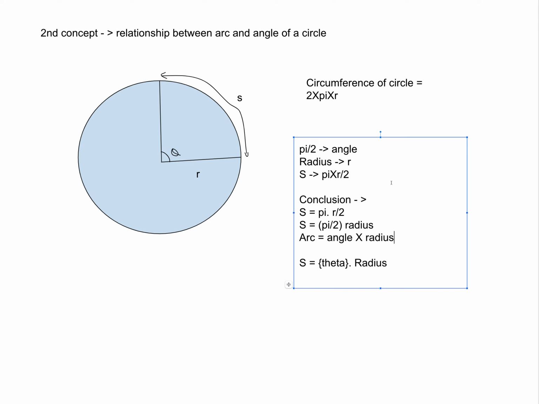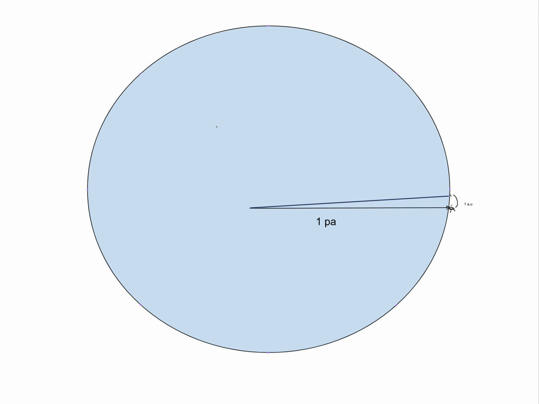We'll put this whole thing over here, and then things become very clear. Arc is equal to angle multiplied by radius. So what is the arc here?